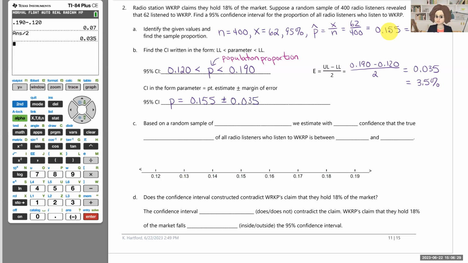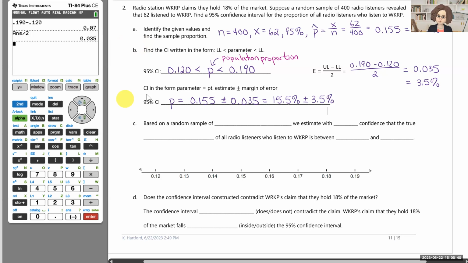And in percent, 15.5% plus or minus 3.5%. Okay, so we always have a choice of which form to write our confidence interval. And when I write the sentence here, since it says between, we're going to be writing it in that form.